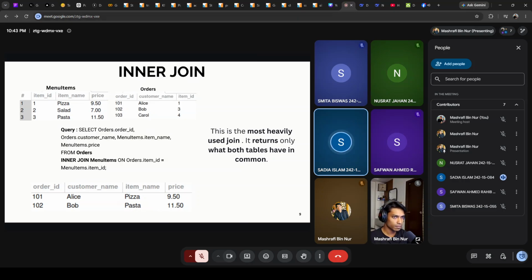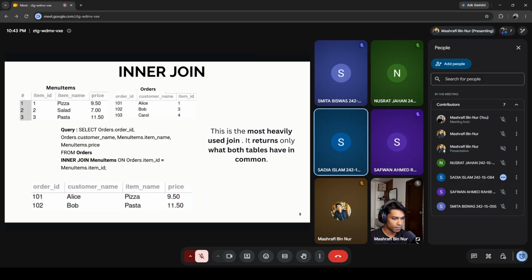Now let's look at inner join. An inner join is one of the most commonly used joins in SQL. It returns only the records that have matching values in both tables. In this example, we have a menu items table and an orders table. Both tables have an item ID column, so we can use this column to join them.